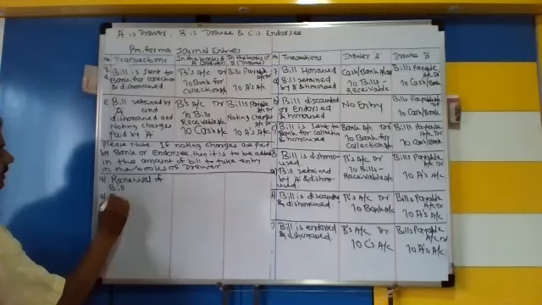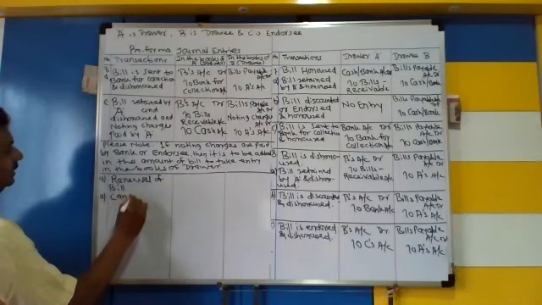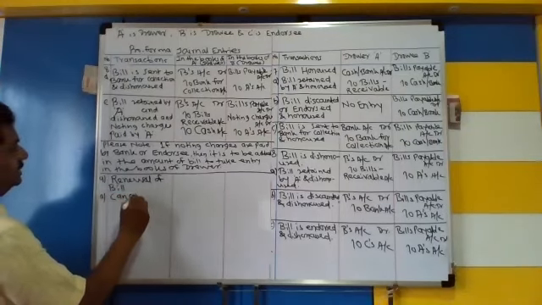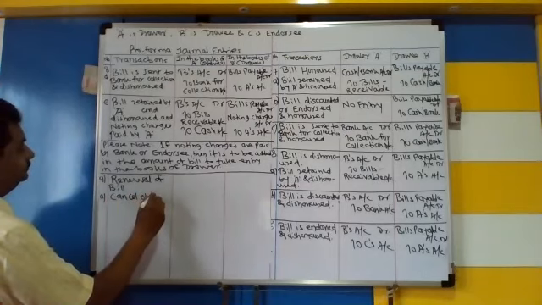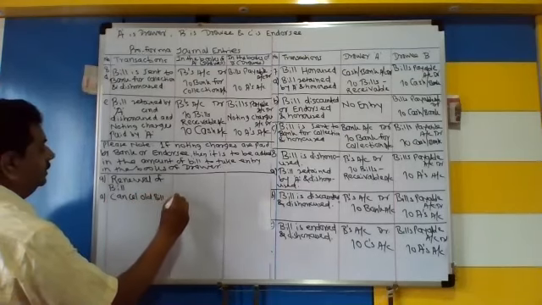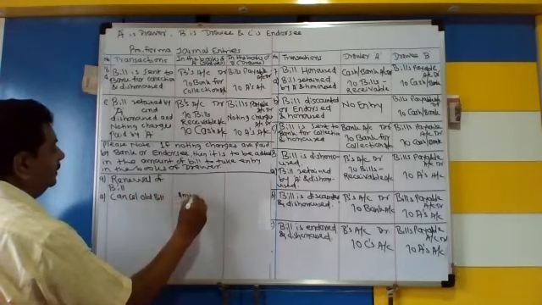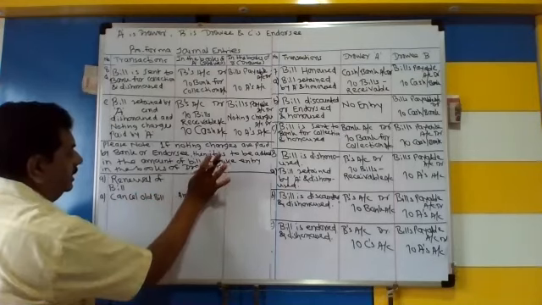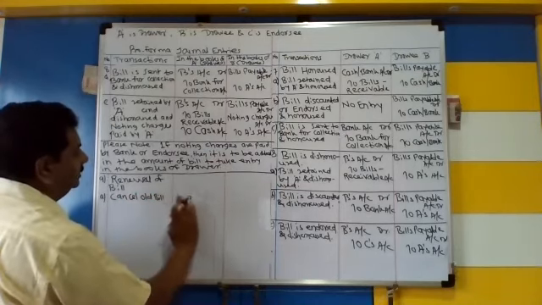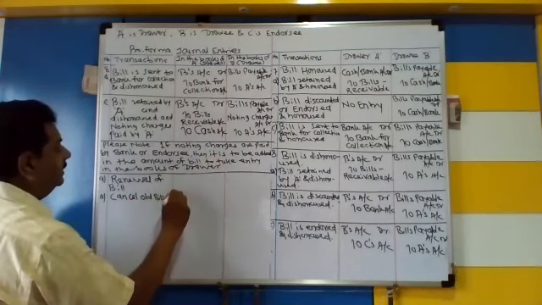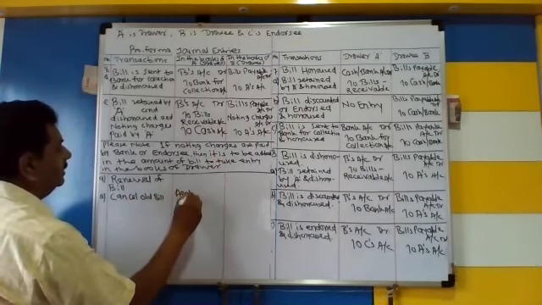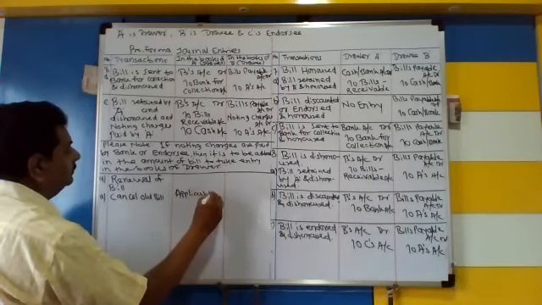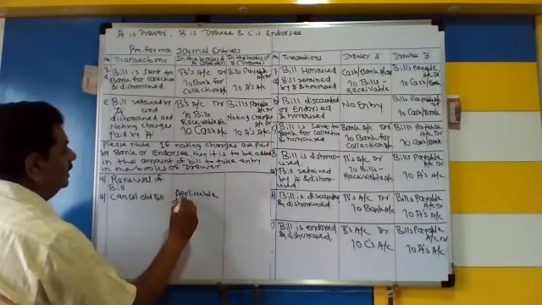First of all, take the cancellation entry. Cancel old bill. Okay. Here you write any applicable dishonor entry.